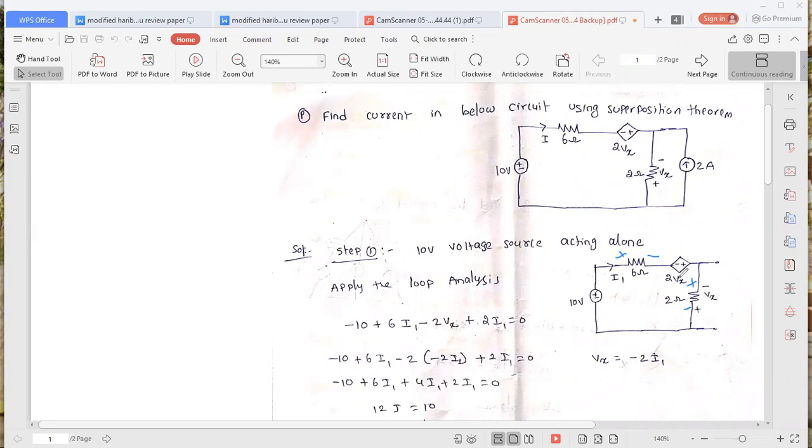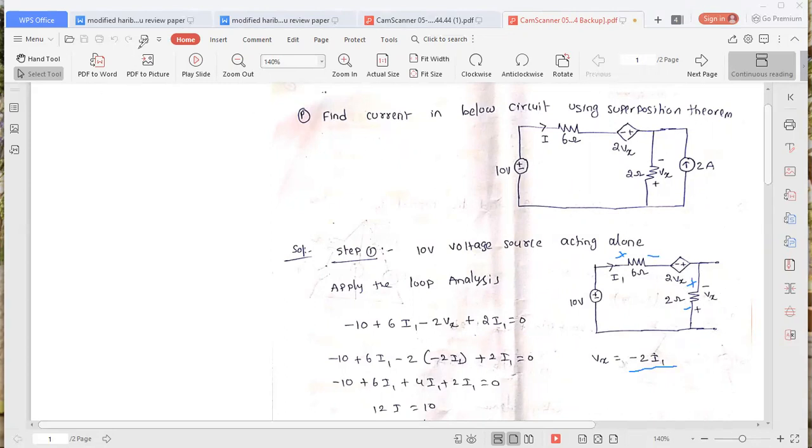The dependent source has the voltage 2 into Vx, where Vx is the voltage across the 2 ohm resistor. So Vx equals minus 2 into I1, because the current passes in this way and touches the minus terminal here. That's why Vx equals minus 2 into I1.